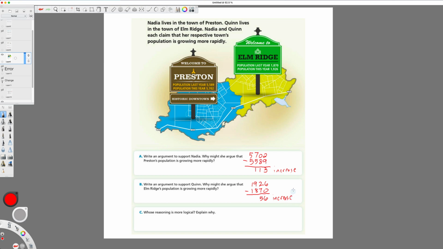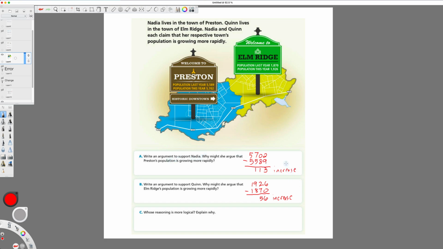So if we look at it just based on raw numbers, Nadia is correct. Why might she argue that Preston's population is growing more rapidly? Well, it increased by 113 people, whereas Quinn's Elm Ridge population only increased by 56. So based on raw numbers, Nadia is correct.